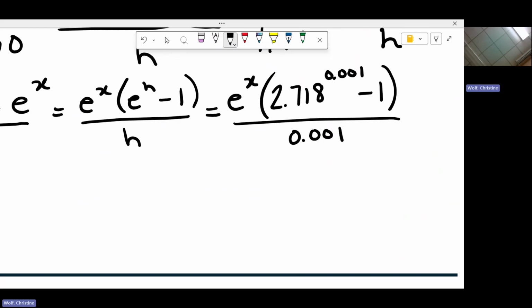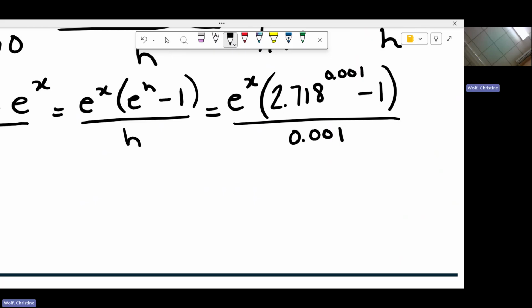On your calculator, type in 2.718 to the power of 0.001, then minus 1 from that. Press equals. You're not done yet, because now you have to divide by the 0.001. You should get an answer that is incredibly close to 1.